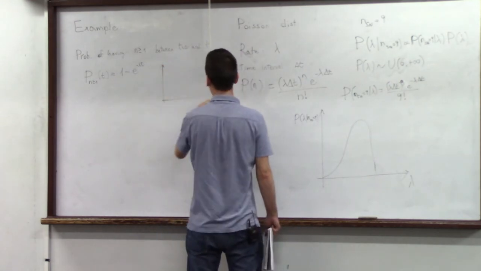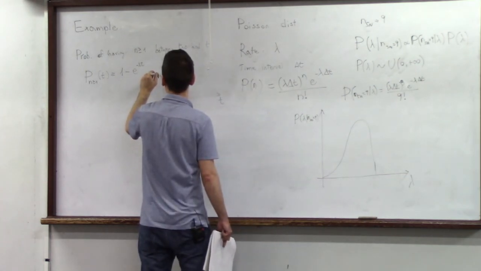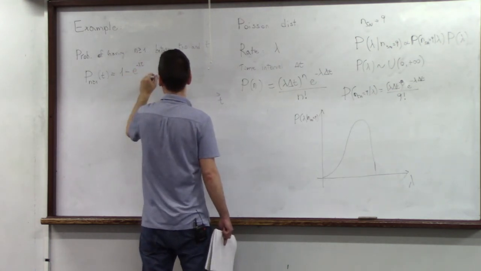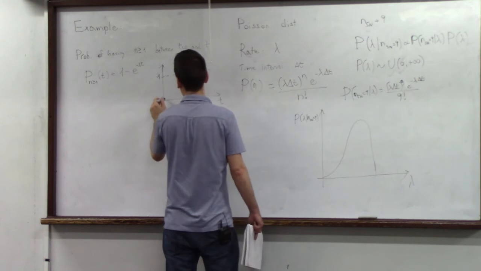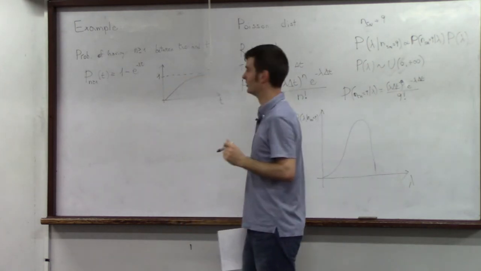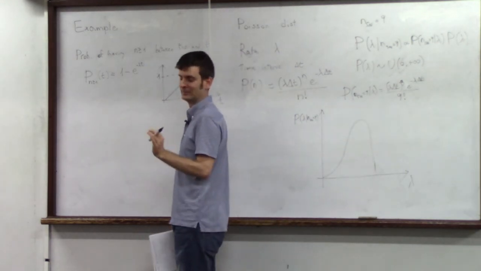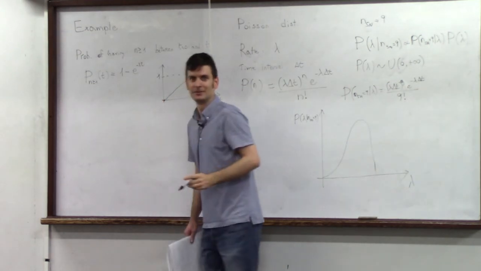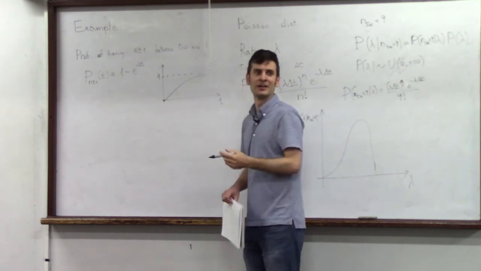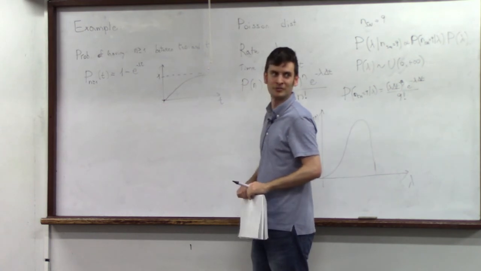If we were to plot it, it would be something like this. So the probability of having one event or more in a time interval of 0 is 0. I think that makes sense. And then if you wait long enough, there's going to be an event, and this is why the probability converges to 1.